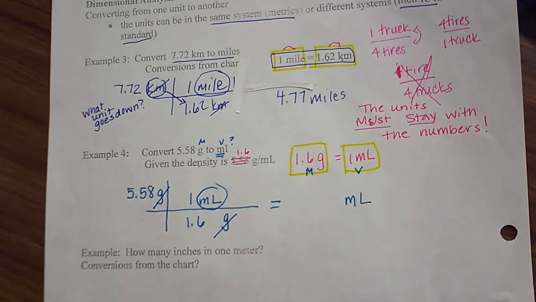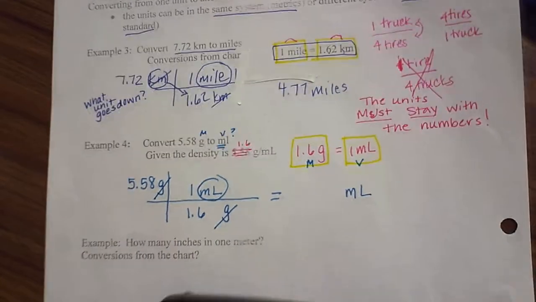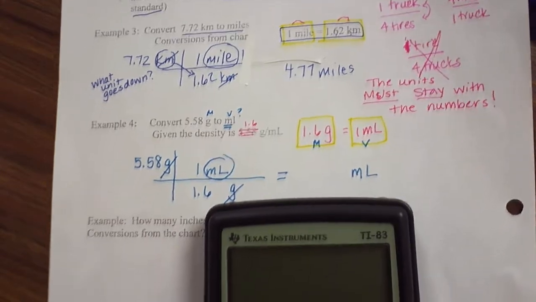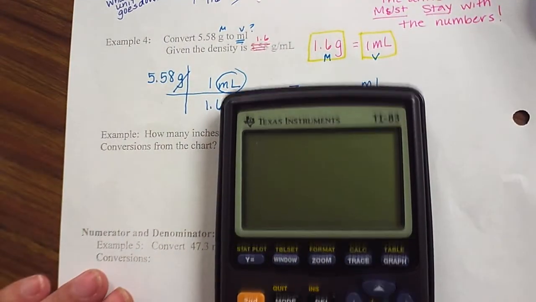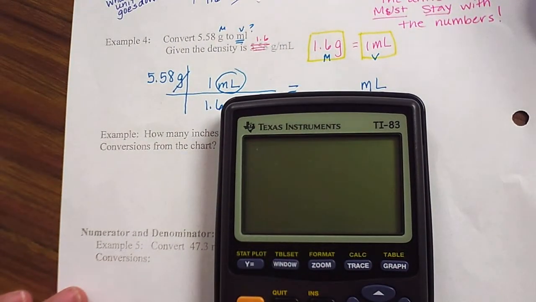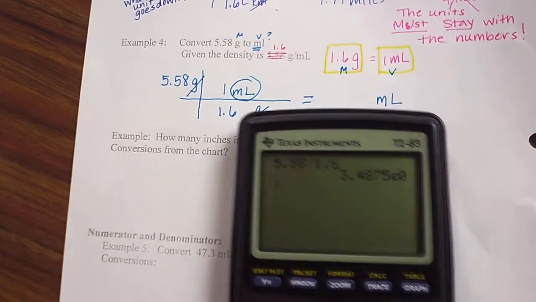I use my calculator: 5.58 divided by 1.6, and I get 3.4875 times 10 to the 0, but I only have 2 digits to work with.